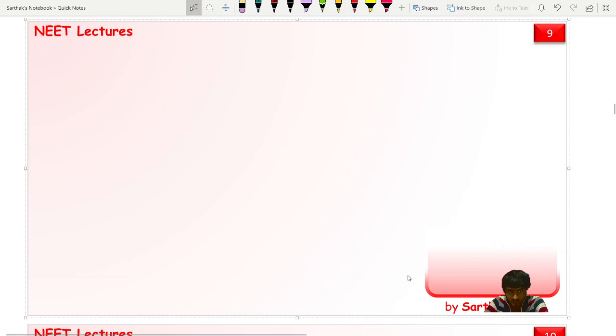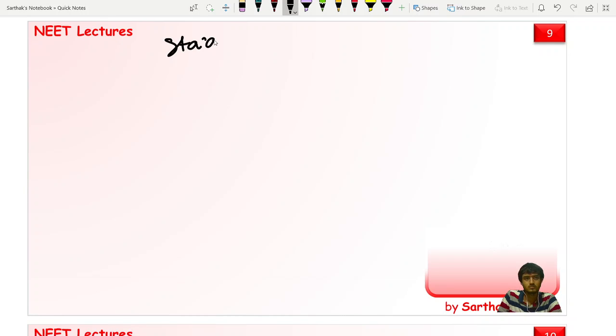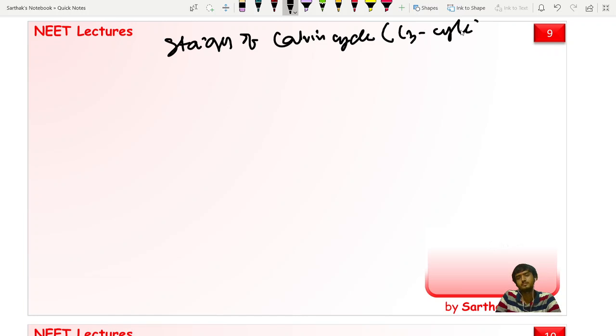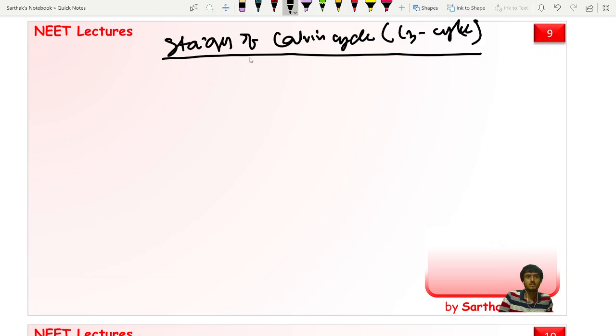Now we will study the stages of the Calvin cycle, or C3 cycle. The first stage is carboxylation.